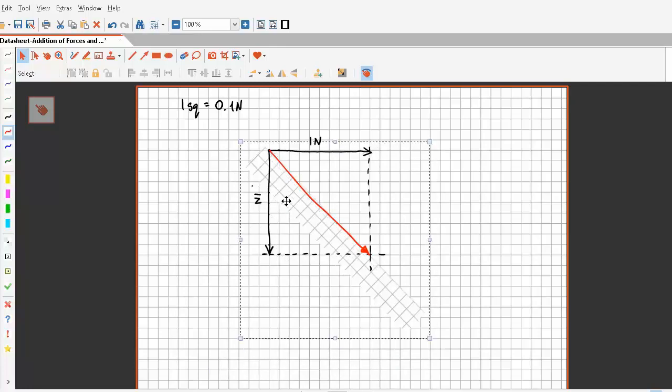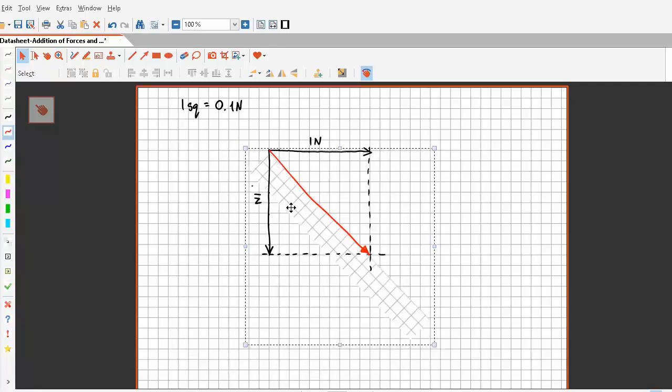So here I've copied and pasted some of the grid so I can determine the length. And the length is 1, 2, 3, 4, 5, 6, 7, 8, 9, 10, 11, 12, 13, 14. So this is 14 squares long.